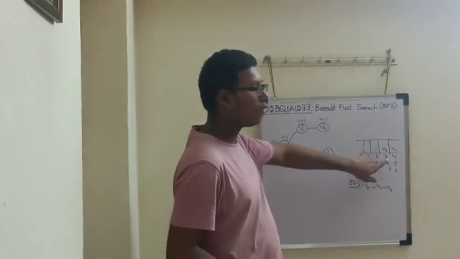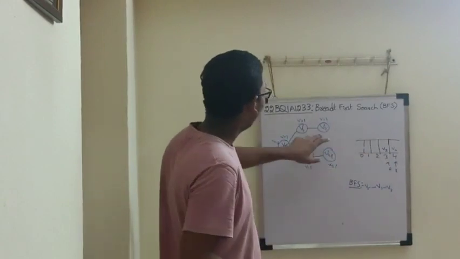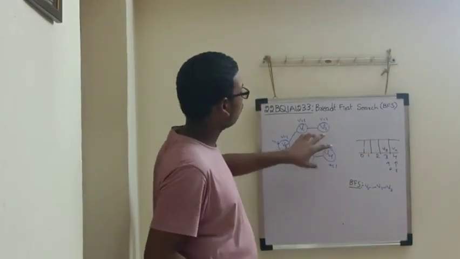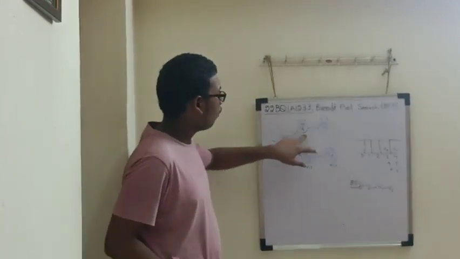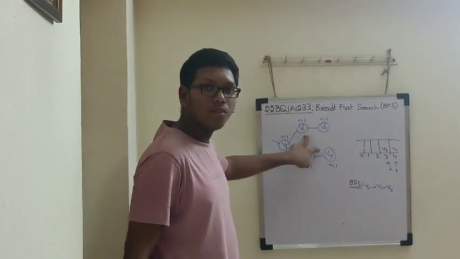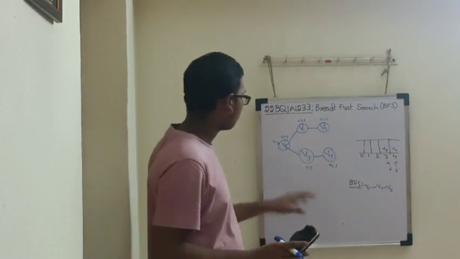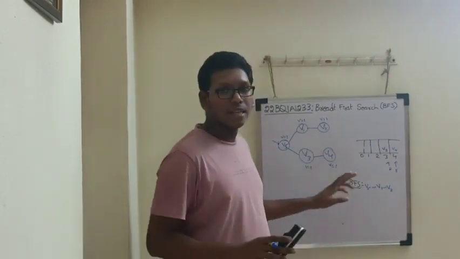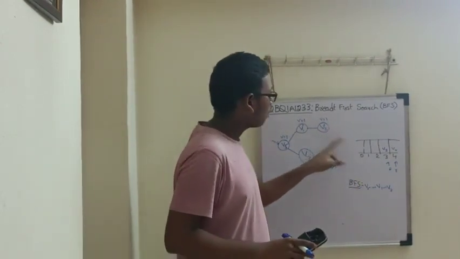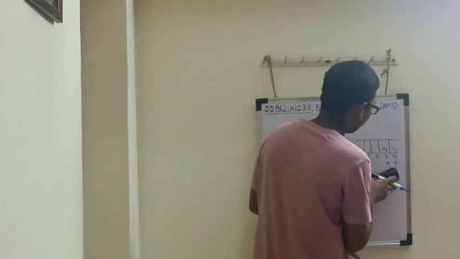Now at the top of the queue is V2. As you can see here, V2 has adjacent vertices V1 and V4, but both of them are visited. So there are no unvisited adjacent vertices. So I am dequeuing V2 from the queue.